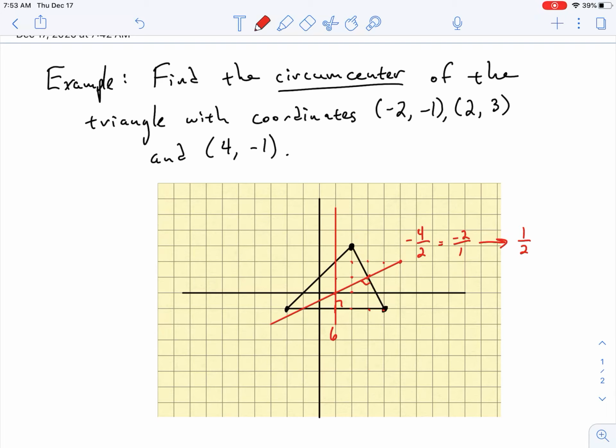In theory, we already have our point of concurrency happening right here, but I'm going to do it to the third side just in case, just so I'm checking it out. So my slope is 1, 2, 3, 4, 1, 2, 3, 4. So my rise is 4, my run is 4. Halfway up that will be up 2/2, so that's right here. And then the negative reciprocal of this, well, 4/4 is just 1.